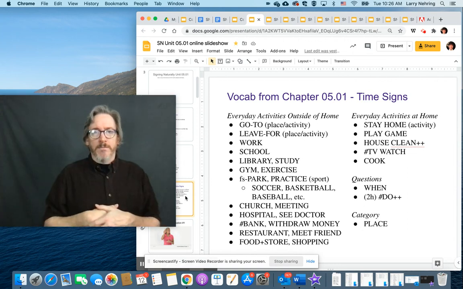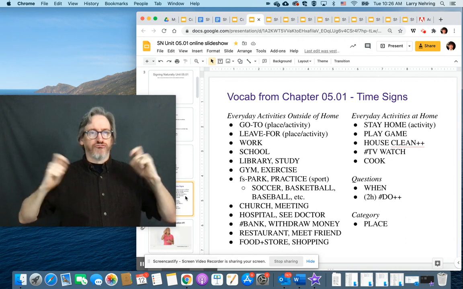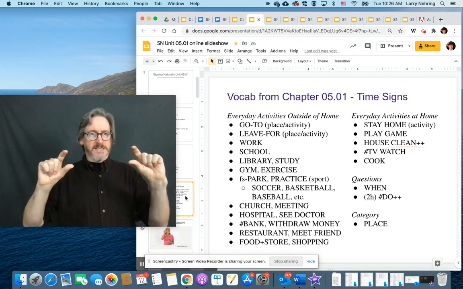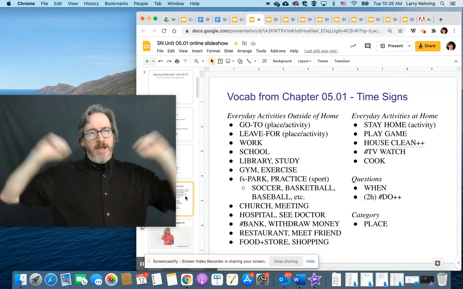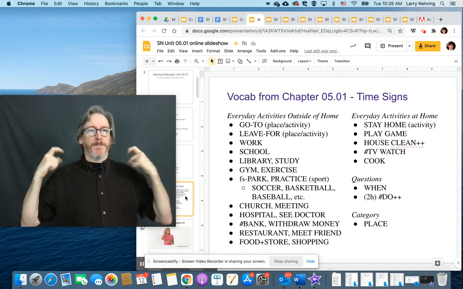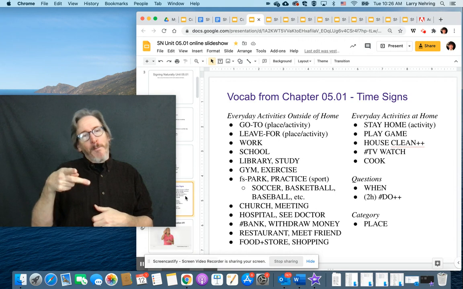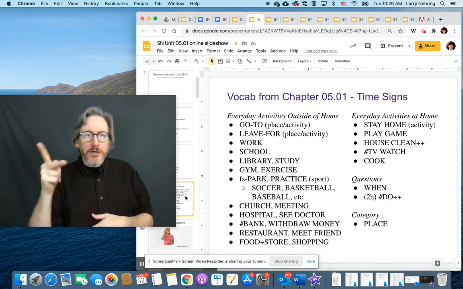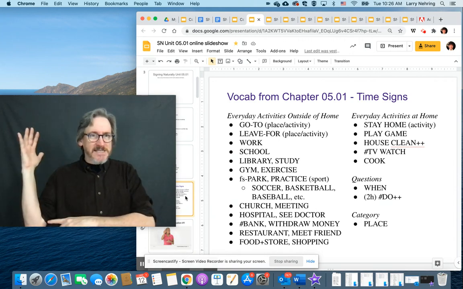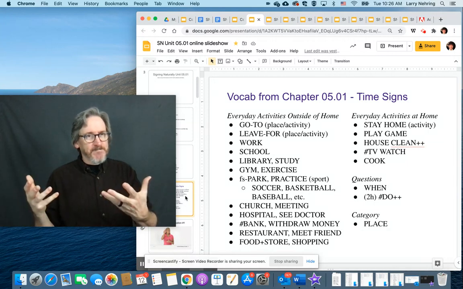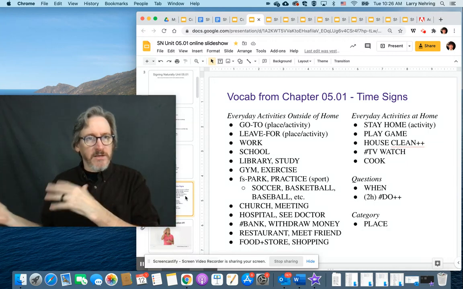Gym is kind of G's at the shoulder. Exercise. Park. You could sign this, but if it doesn't have trees, you wouldn't play sports; if it has trees, right?